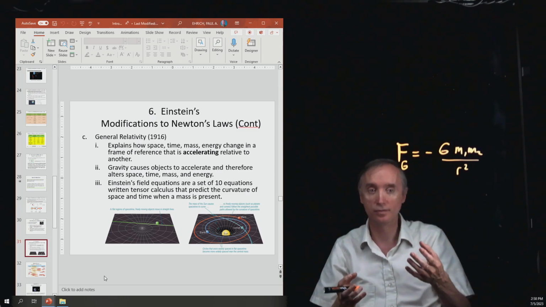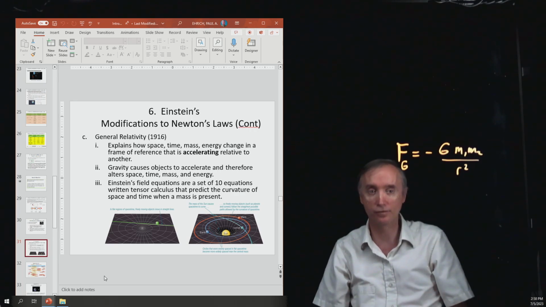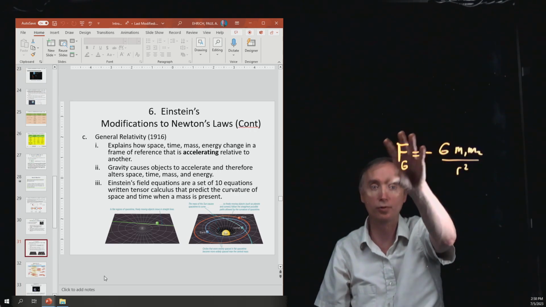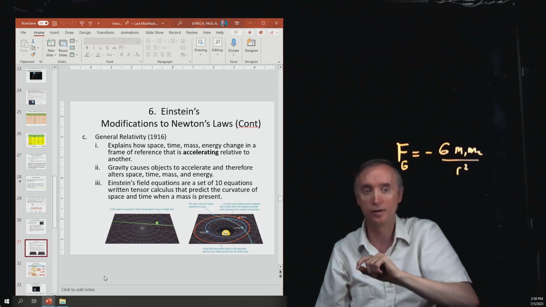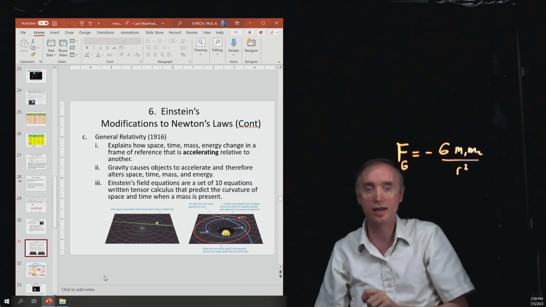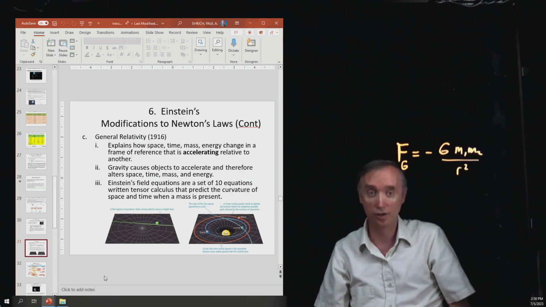So this new theory that he came up with for accelerating reference systems incorporated gravity without having to use this formula. So this formula is an approximation which is pretty good at explaining how the universe works, but it's not really the correct way.